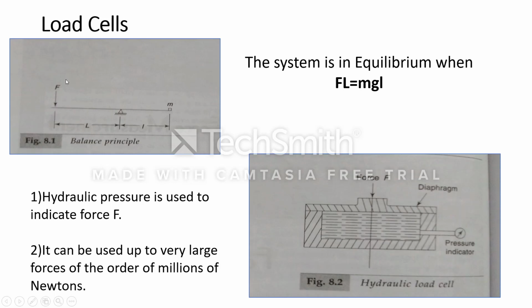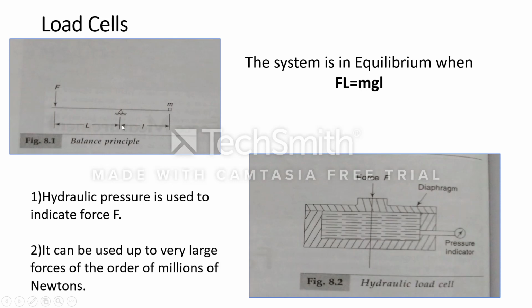As the force is applied, the beam will be unbalanced. To balance the beam, we have to apply some amount of mass, or load, so that the beam will be balanced.